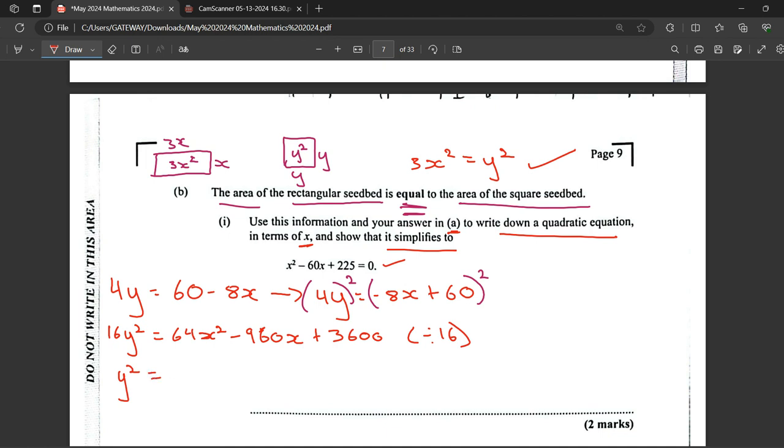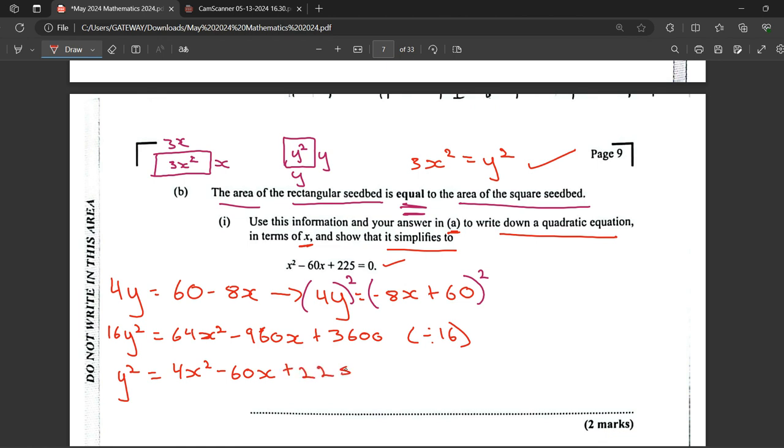That is equal to 64x squared divided by 16, which is 4x squared. Negative 960x divided by 16 will be negative 60x. And 3600 divided by 16 will be plus 225.